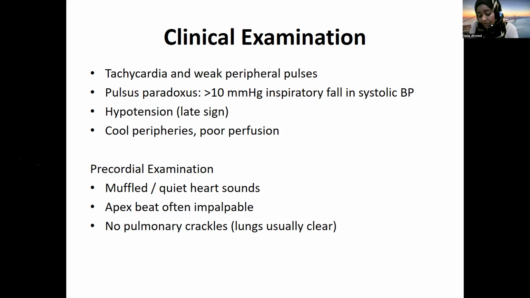If it's more than 10 millimeters of mercury, this is pulsus paradoxus, because physiologically it should be less than that. The whole idea is that the first time you only hear the sound during expiration, then you start to hear during inspiration and expiration. The difference between these two points is the pulsus paradoxus.